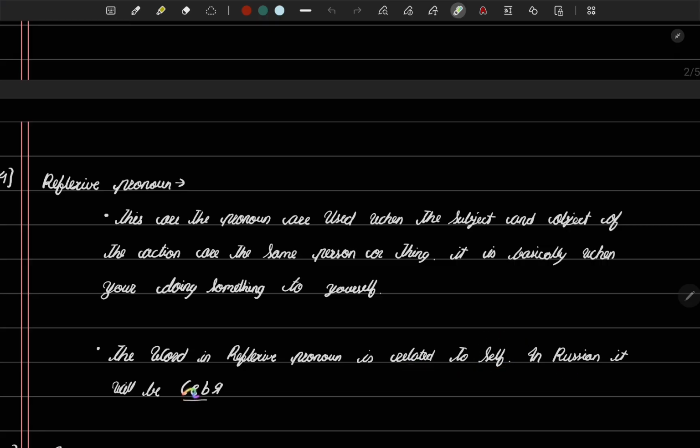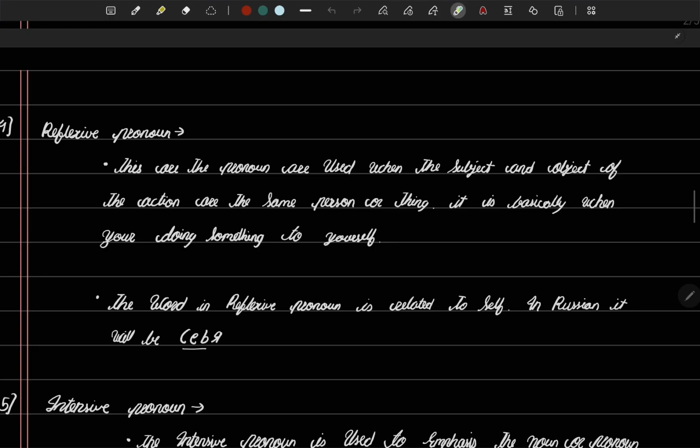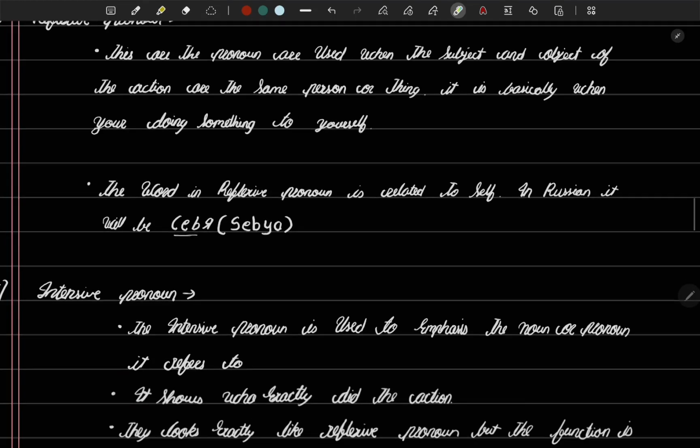In Russian, it is sebya. Sebya is used to indicate that the action of the verb is performed by the subject on itself. I will also write its English pronunciation. This is reflexive pronoun.